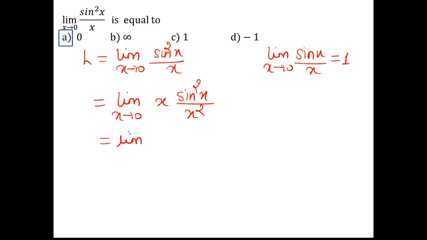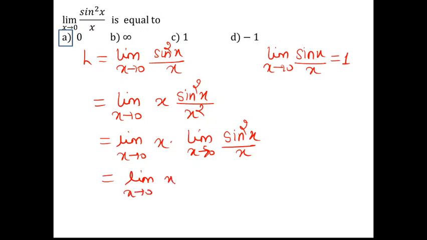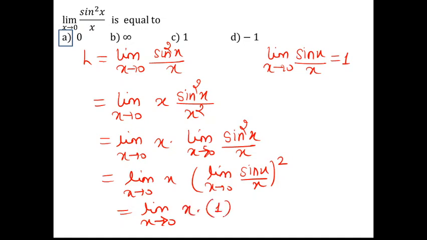Now this can be written as limit as x tends to 0 of x, into limit as x tends to 0 of (sine x by x) whole square. The value of this is 1. So we have limit as x tends to 0 of x into 1 as per this result, and when I apply the limit, it gives me 0.